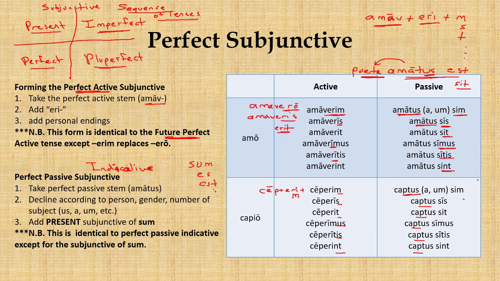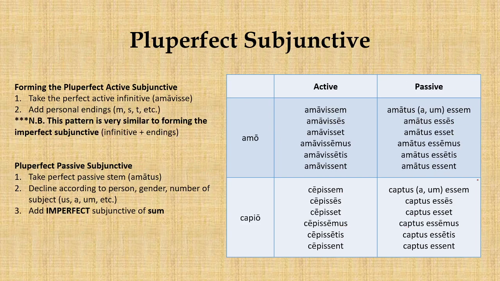So yeah, let's take a look at the pluperfect subjunctive. And it is quite similar. Not too much different going on with this one, but it's also important to take a look at it. What I'd like to highlight here is the fact that the perfect active infinitive is what's used.